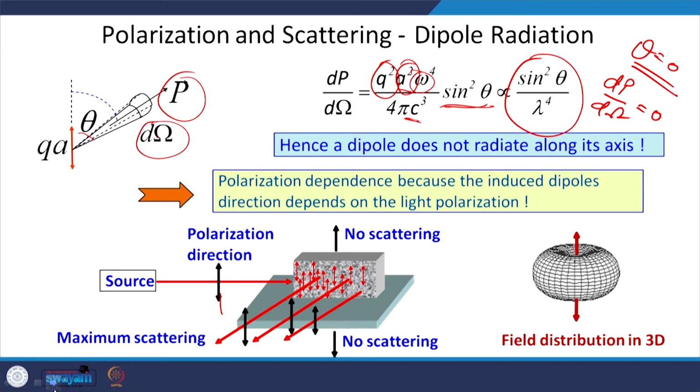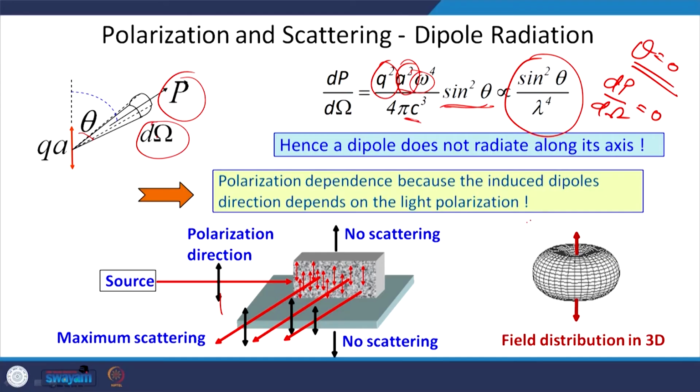Now, if I change the direction of polarization to horizontal, you will get scattered light from both the vertical sides, but not from the horizontal.